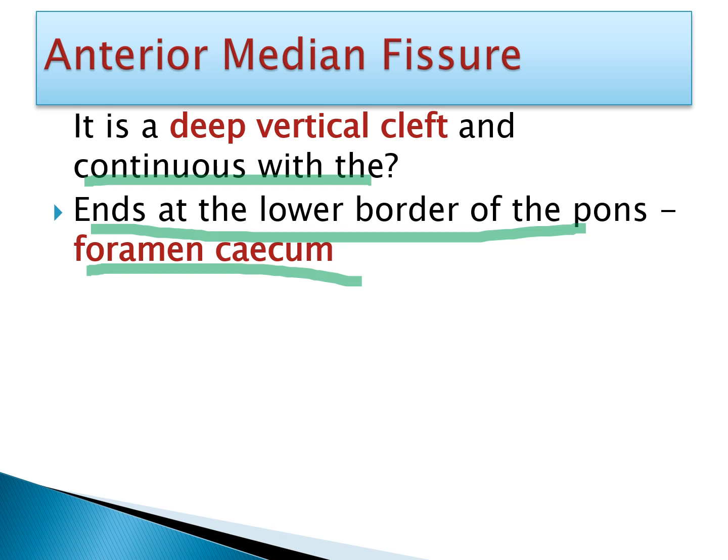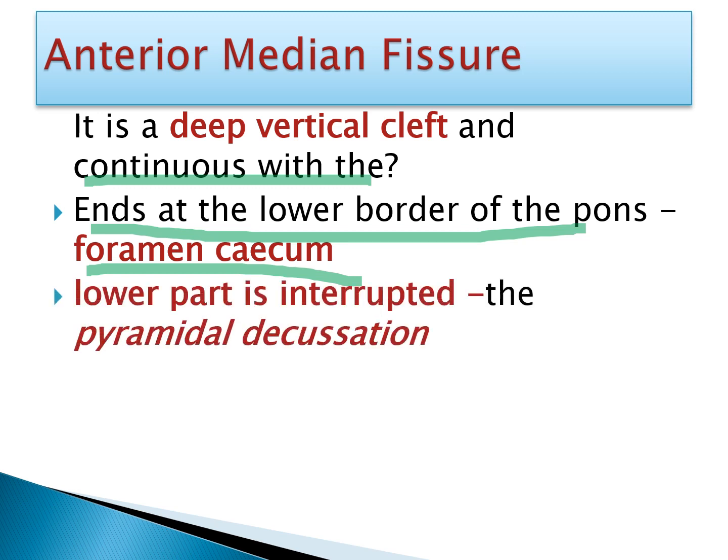Can you recollect where are the foramen cecum you have learnt, so that now we will understand that this foramen cecum is not only present in the medulla oblongata. This lower part of the anterior median fissure is interrupted by the pyramidal decussation. We will learn in detail what is pyramidal decussation.